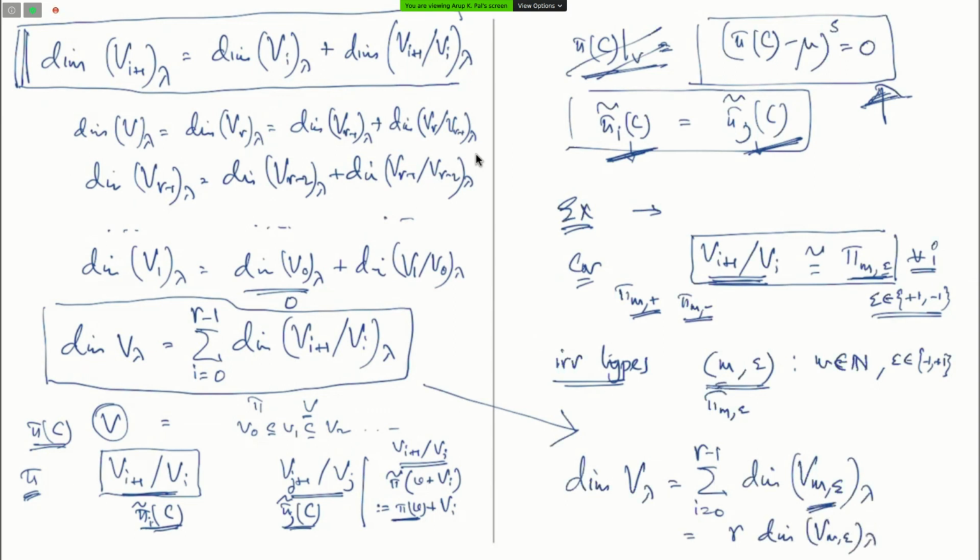Okay, and then there are only two possibilities. For some lambdas, this would be 1 when this dimension would be r, and for some lambdas, this would be 0 when this thing would be 0. But that's just an observation. Right now we don't know.